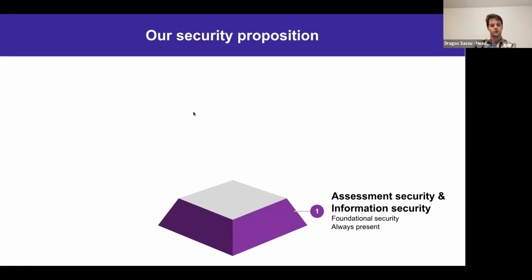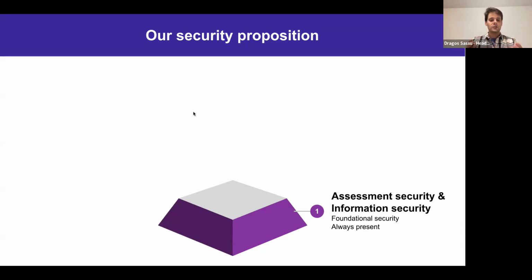Now we have content. The next foundation for a digital exam in a remote place is information security. For anyone who has thought about security in any environment, be it in a bank, in a hospital, or in an educational environment, security will always involve a trade-off between individual privacy and monitoring, and the ability of the environment to look at what you're doing in order to ensure that you are respecting the rules and behaving as you should in that specific environment.